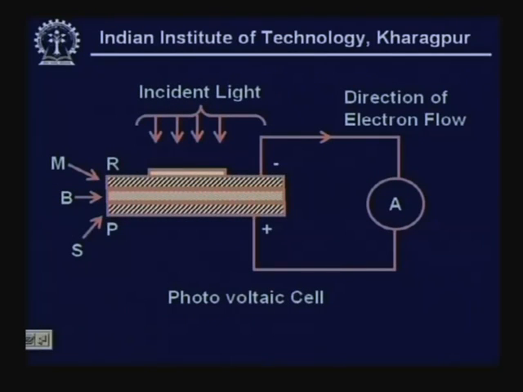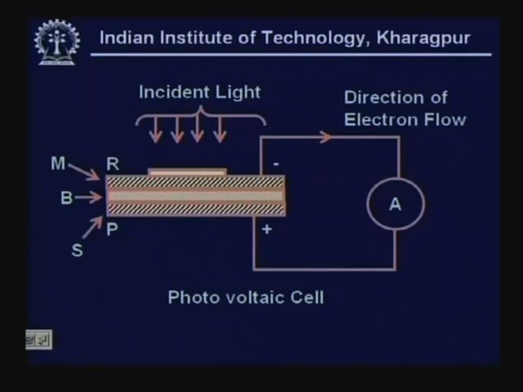So, now it is time to look at the photovoltaic cell. I talked to you about that there is a photovoltaic cell. It uses the photoelectric effect. As can be seen, there are 3 layers.